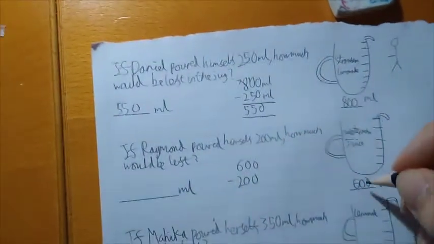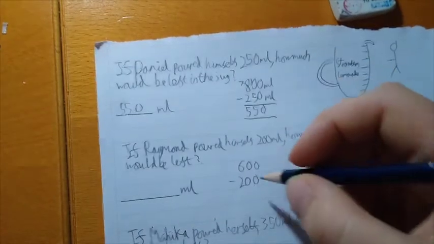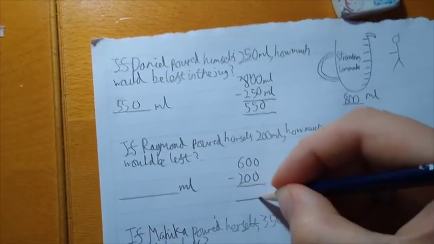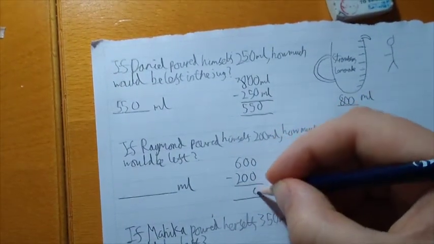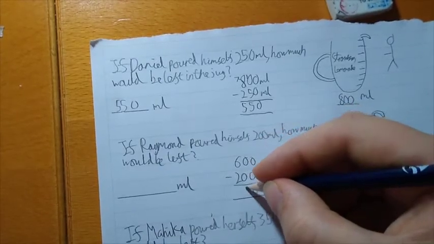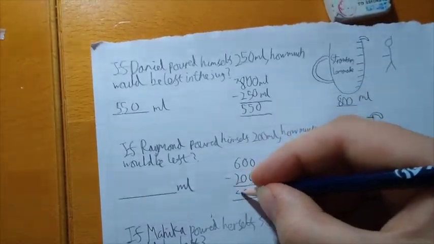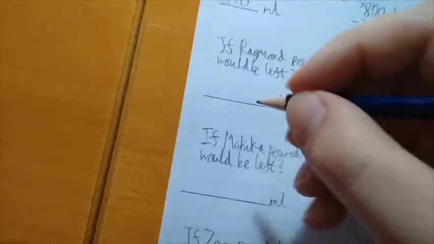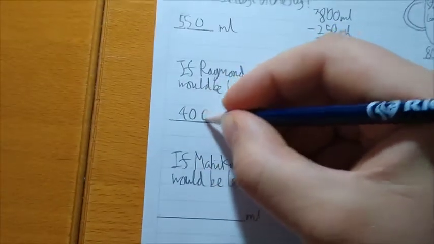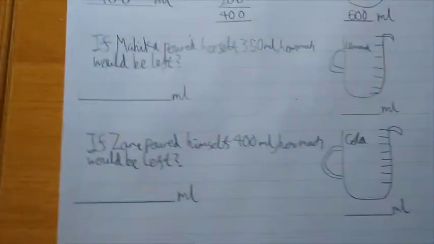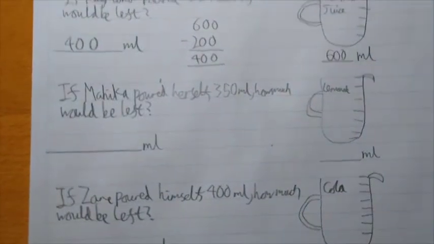Remember to do the jug measurement minus how much has been drunk. So 0 minus 0, 0. 0 minus 0, 0. 6 minus 2 is 4. So there would be 400 millilitres left.